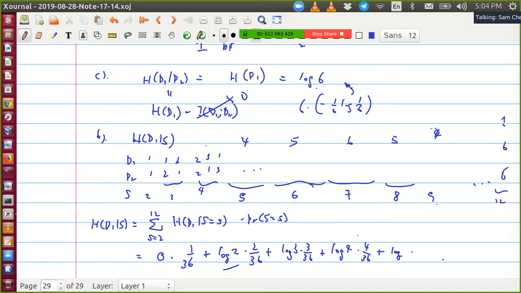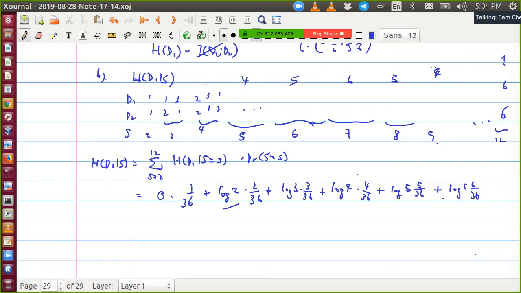That's log 5 times 5 over 36, plus log 6 over 36, and then you're back to log 5 for 5 over 36. That's log 4 over 36, log 3 over 36, plus log 2 over 36. That's log 1, which is 0, over 36. Then if you compute that, the whole thing should be 1.89 something, about 1.8955 bits.